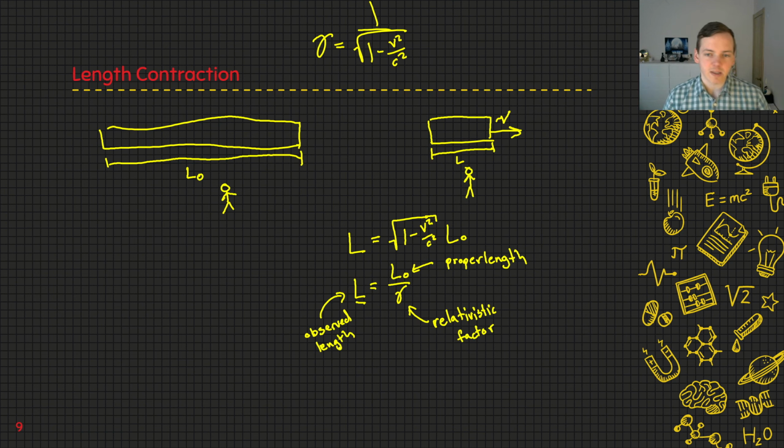The proper length, again, is the measurement taken in the same frame of reference as where the object is. So in the case of the train, it's when the train is at rest, or when you are at rest relative to the train, if you measure its length. The observed length is from any other frame of reference, and the relativistic factor is, excuse me, what you see up there.